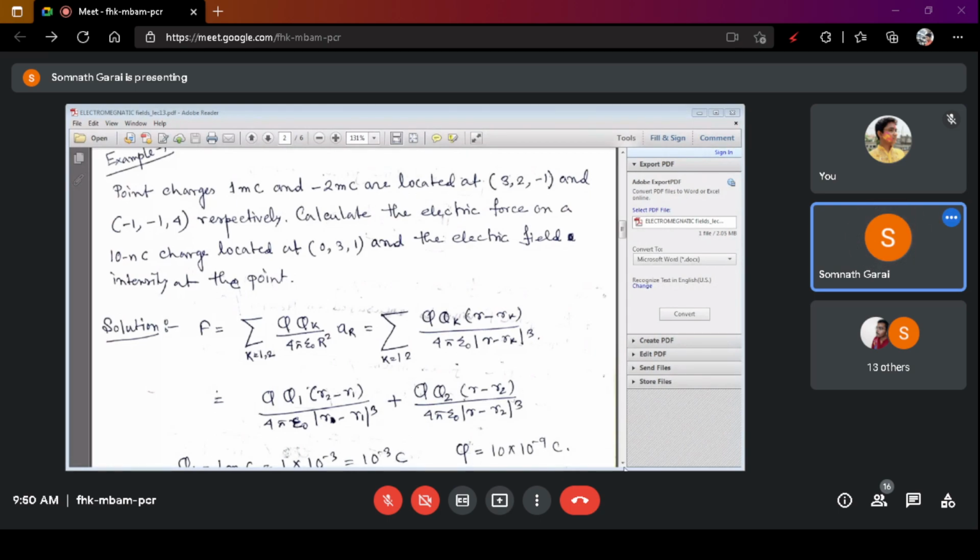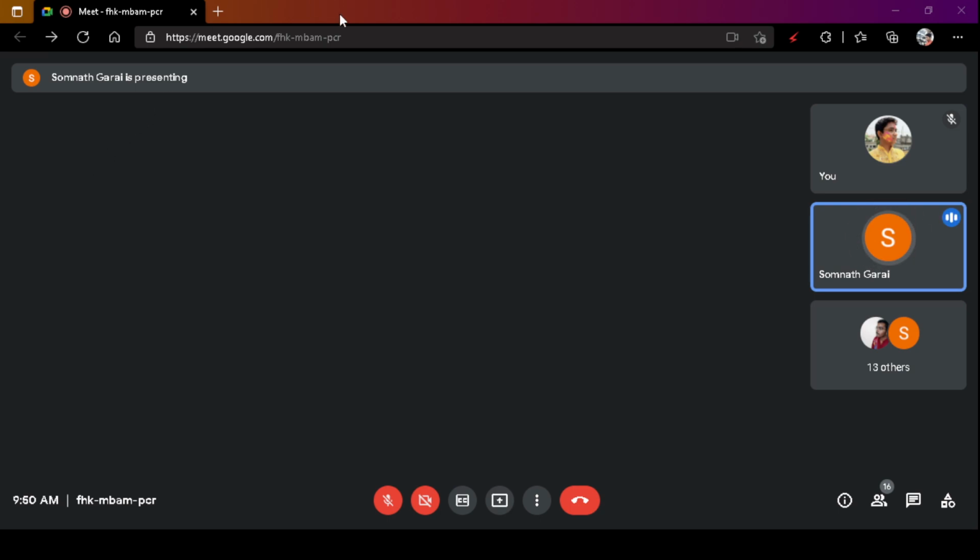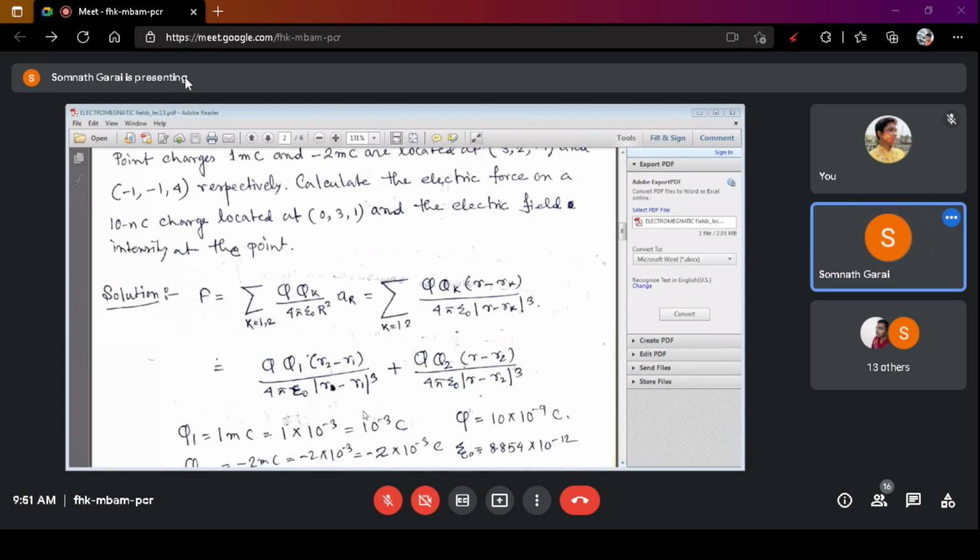Now, according to Coulomb's law, force F is equal to Q1 Q2 by 4 pi epsilon naught R square into AR.